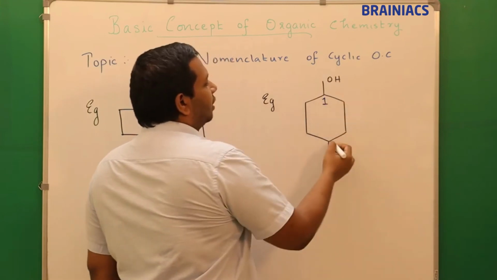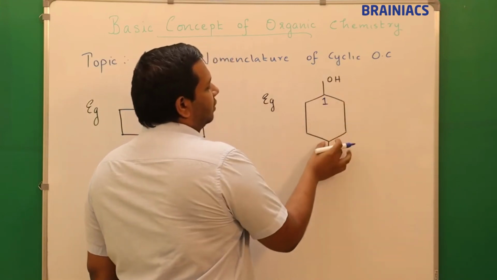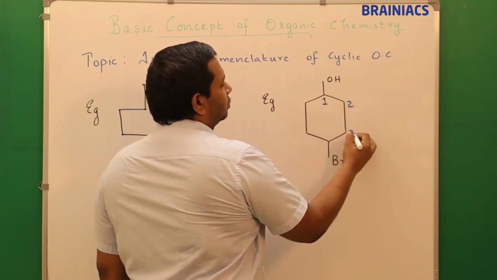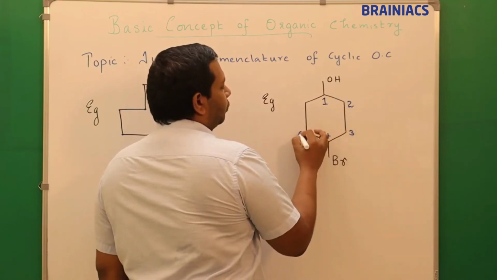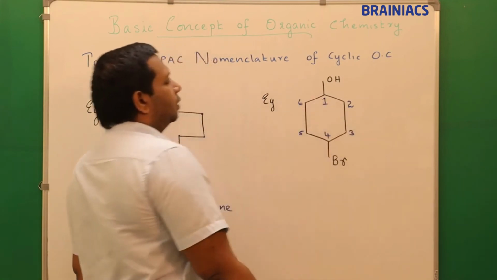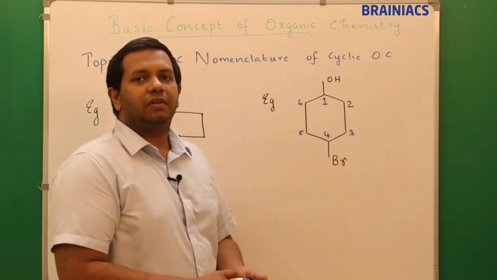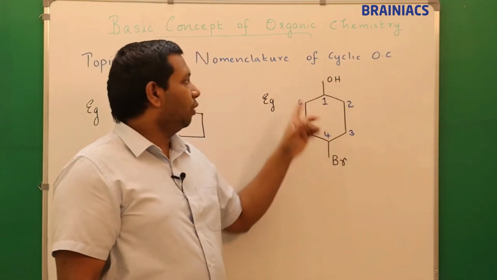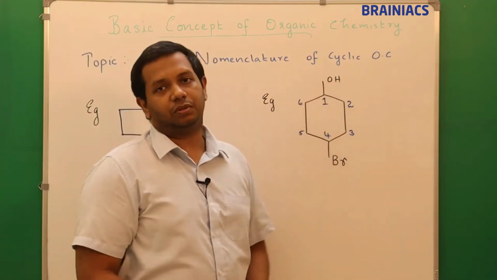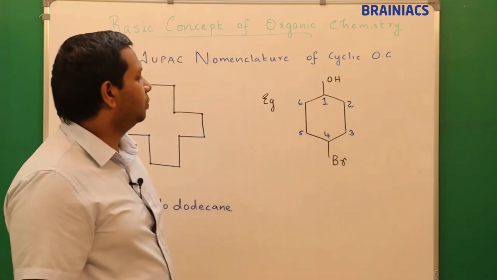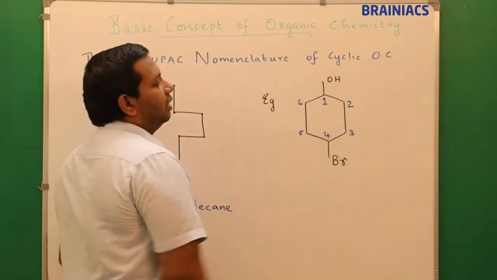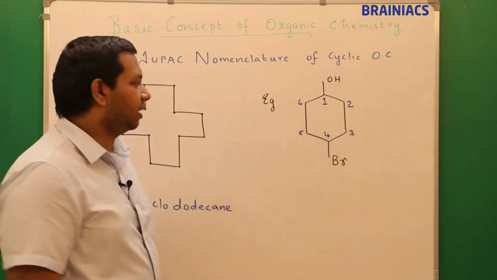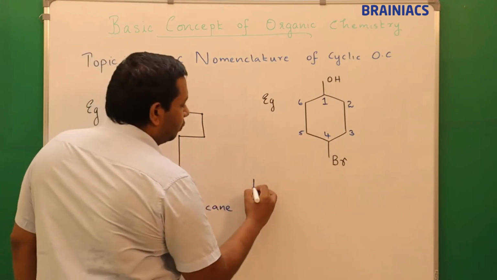Then I can go either clockwise or anti-clockwise because this is lying exactly opposite to this. So 1, 2, 3, 4, 5, 6. Here one is a functional group and the other is a substituent.